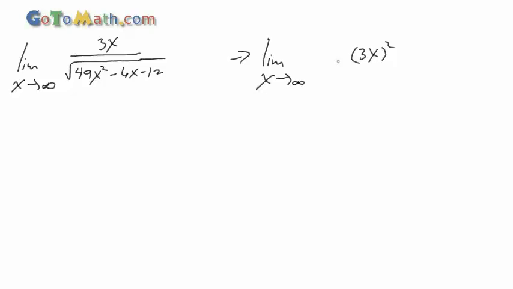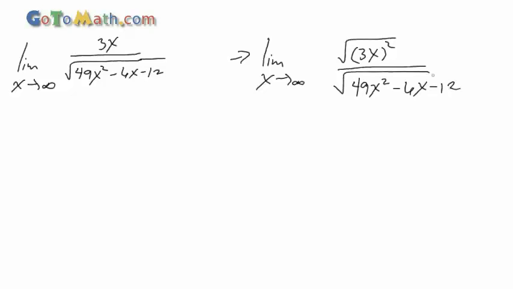And the reason we're doing that is so we can then take the square root of it, and what happens is we just end up getting back 3x. Because the square root of a square just gets back 3x. But then remember, we have the radical down here in the denominator. Right, so we have 49x squared minus 6x.